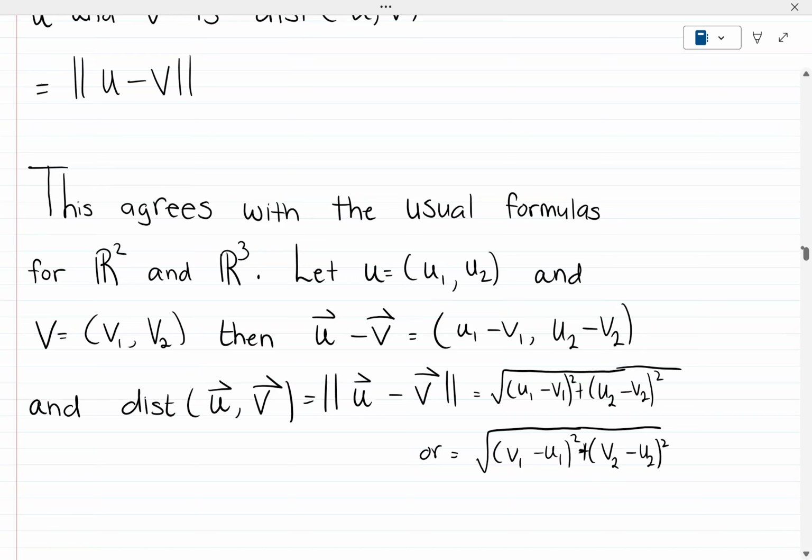So it's equal to the square root of u1 minus v1 squared plus u2 minus v2 squared. Or you could think of it as the square root of v1 minus u1 squared plus v2 minus u2 squared. This is also right. It won't give you a wrong answer.